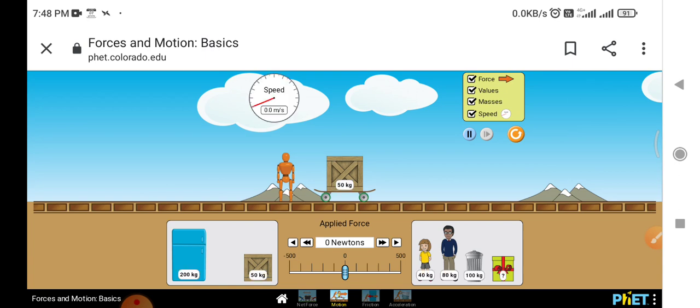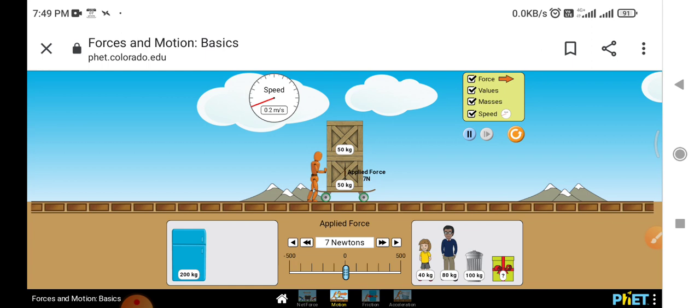Now I took a 100 kilogram object. I apply a force. When I apply 1 Newton, there is no movement. 2 Newton, no movement. 3, 4, 5, 6, 7, 8.